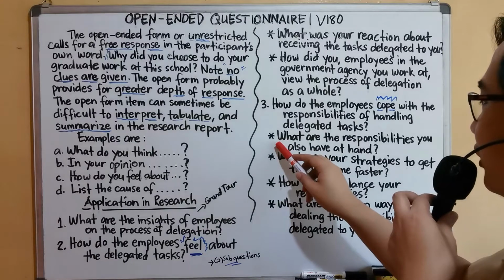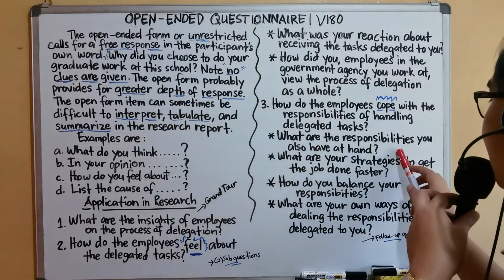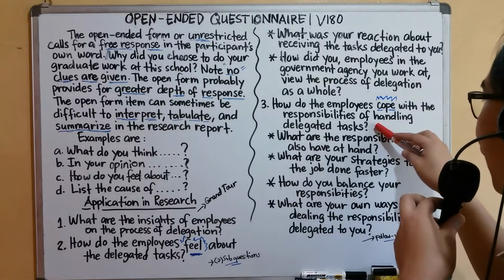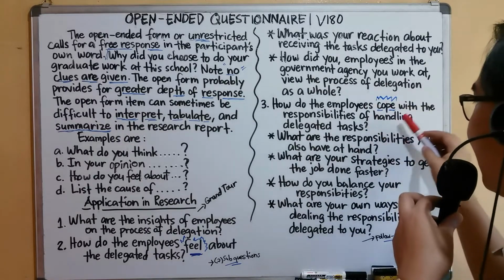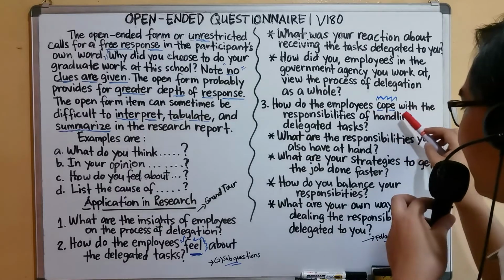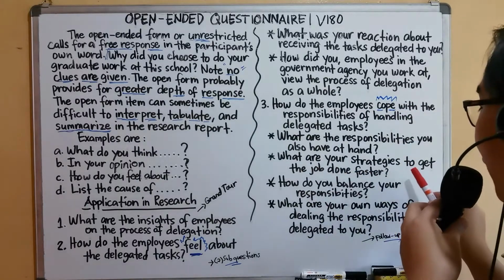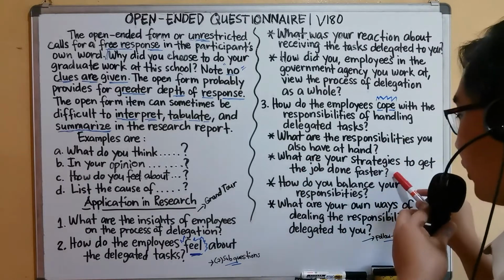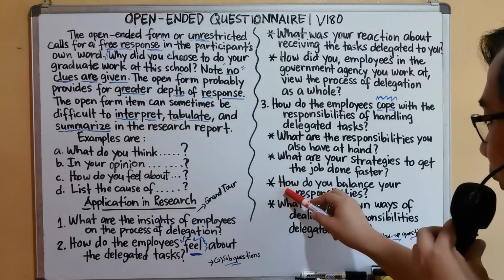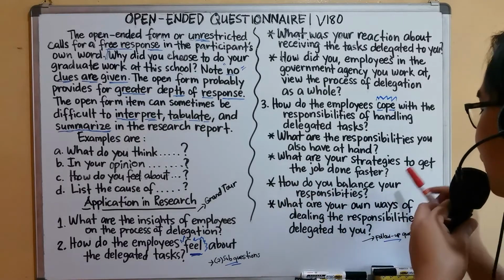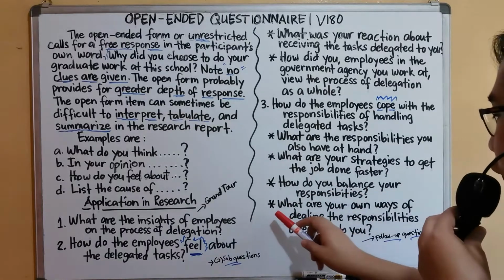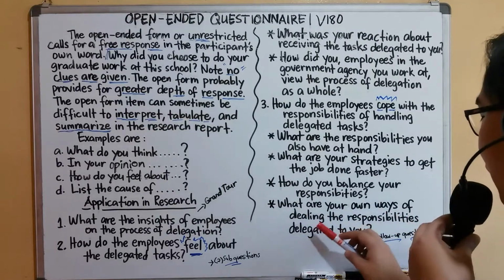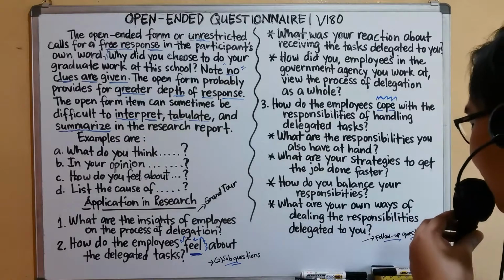So na-raise ngayon ng ating researcher, what are the responsibilities you also have at hand? First question, still pointing sa ating pinaka-highlight dito sa question na ito is the coping mechanisms. Okay? So second follow-up question niya, what are your strategies to get the job done faster? Okay? Third follow-up question, how do you balance your responsibilities? Fourth follow-up question niya, what are your own ways of dealing the responsibilities delegated to you?